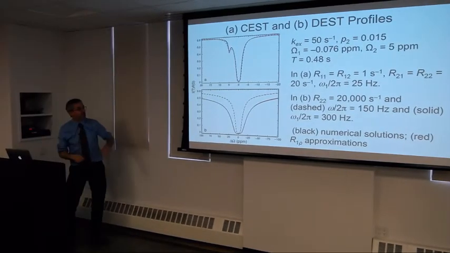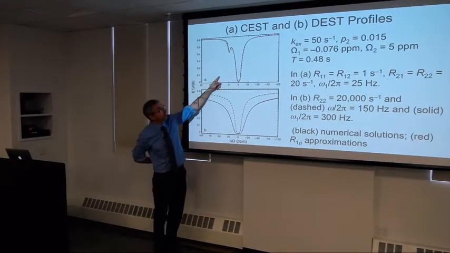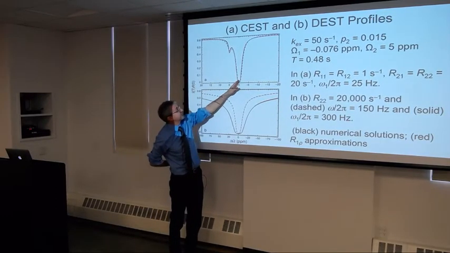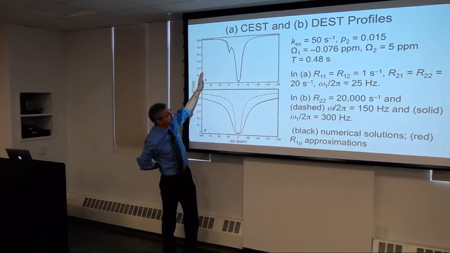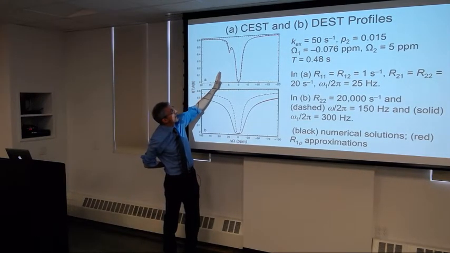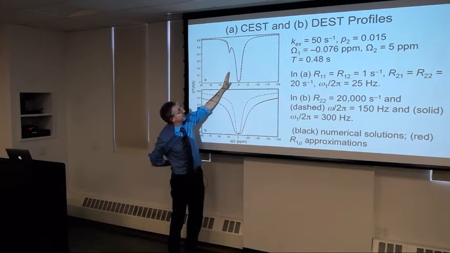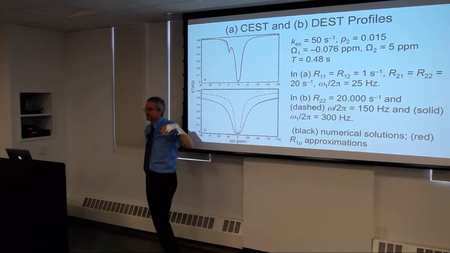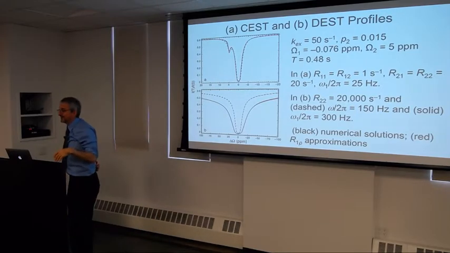So here's an example of the CEST-like experiment. There's a minor state here, the major state. Omega RF is marched along. And then when we get on resonance with the minor state, the relaxation rate is enhanced and we see that dip.